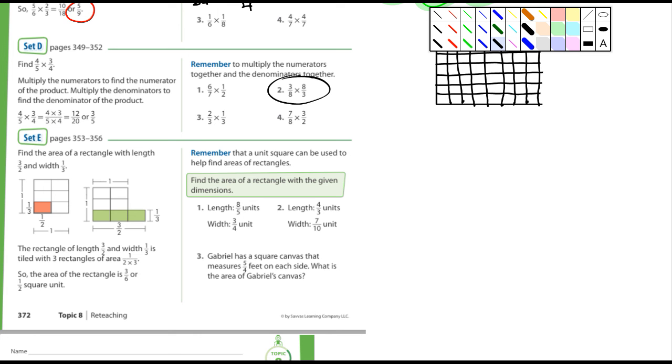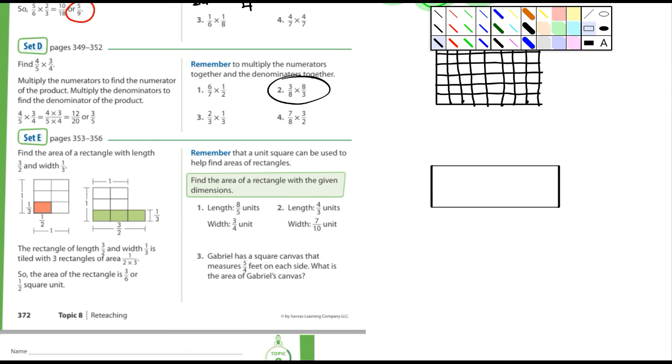Set E, find the area of a rectangle with the given dimensions. Well, you guys know that anytime you find the area of a rectangle, it's length times width. All right, and they give them to you here.